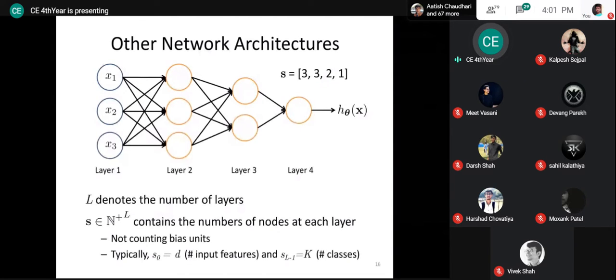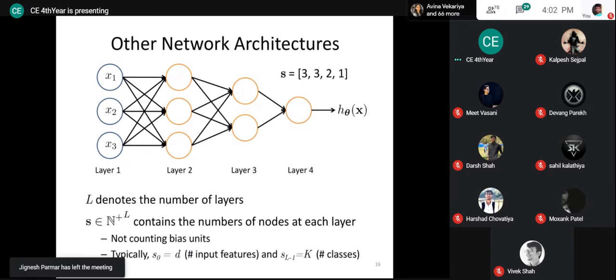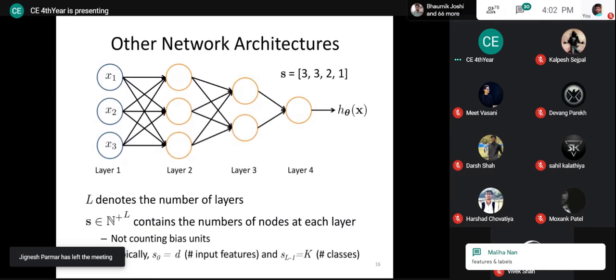How many neurons are there in the input as well as in the output? Those two values are not hyperparameters. They are fixed. So can you imagine which factor controls those two values?